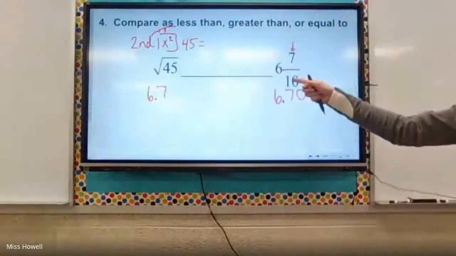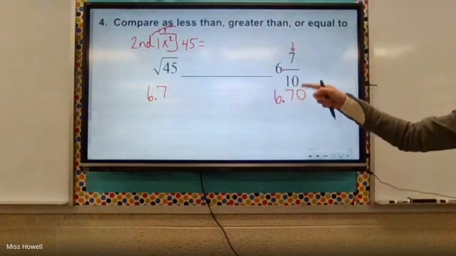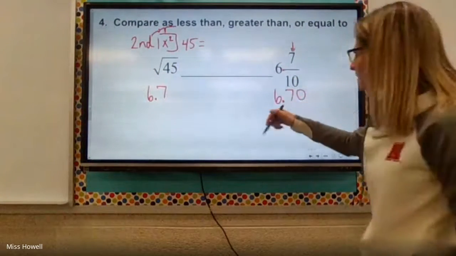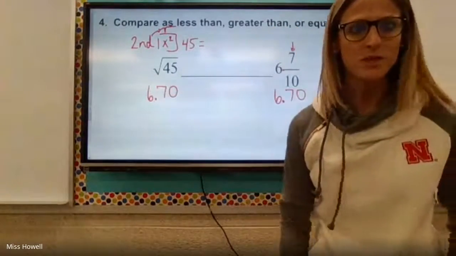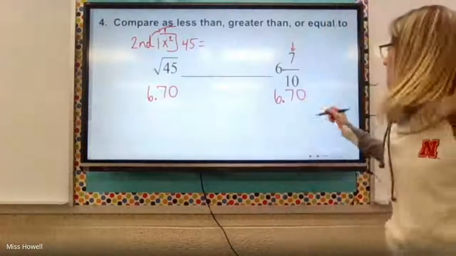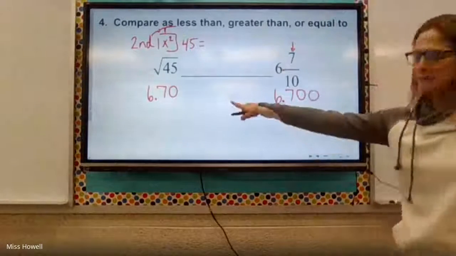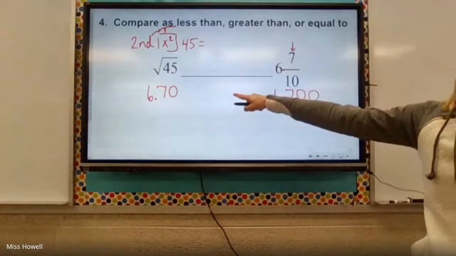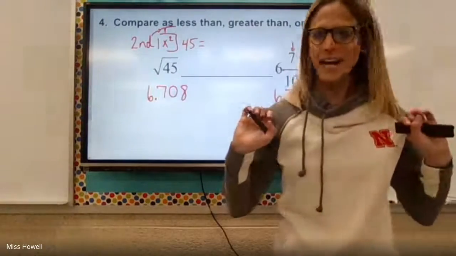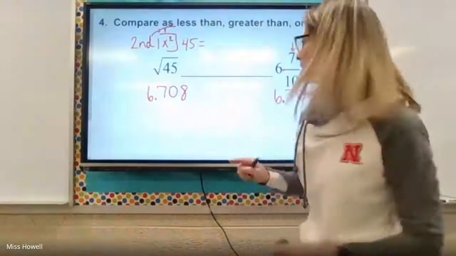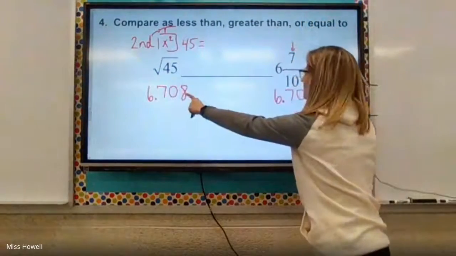So when we did our square root of 45, after our 7 was a 0. Well, it seems like they match still. I think they're equal still. Nah, I got to go to the next digit. So back here's another 0. After our 0 there from our square root was an 8. And now I go, whoa, they're different. I can't put an equal sign, and now I can compare. So same, different.